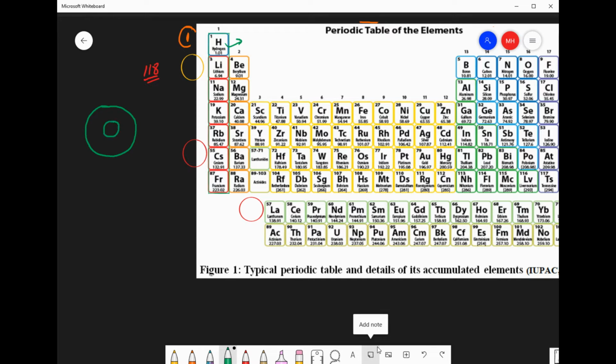This is the nucleus of hydrogen. The proton number is equal to the electron number, so there is one proton, one electron, and just one shell.